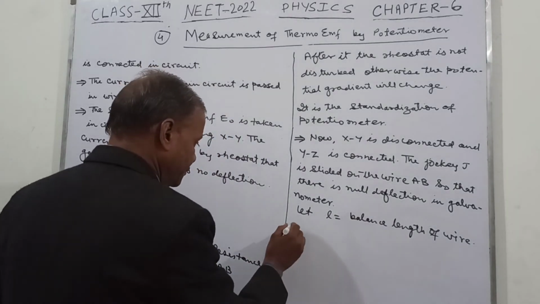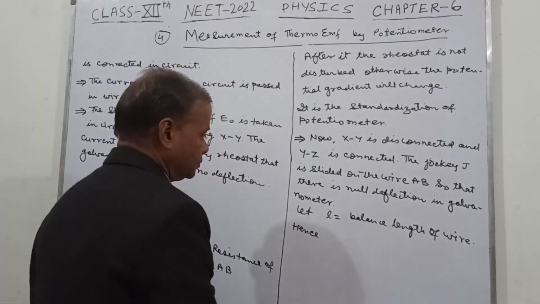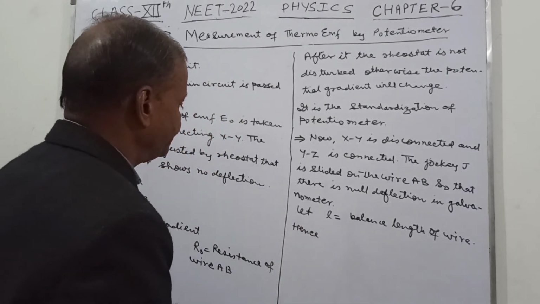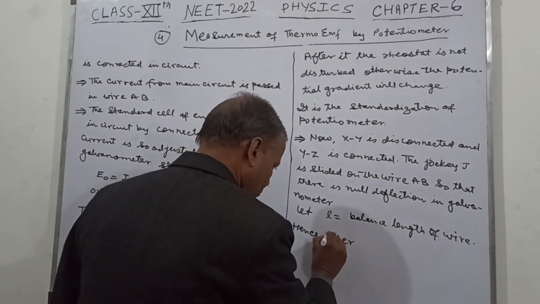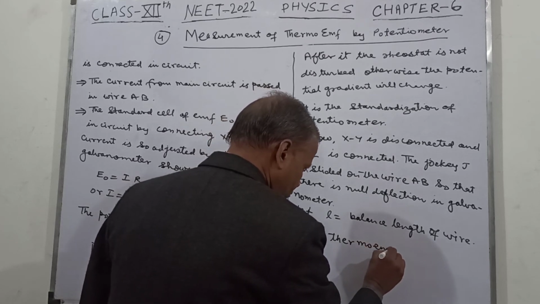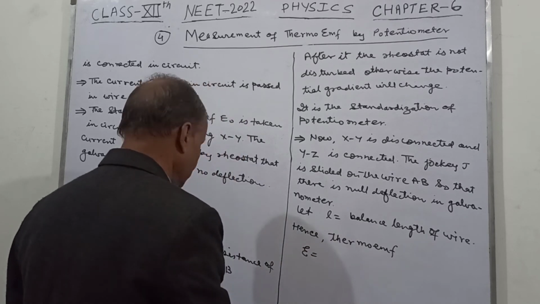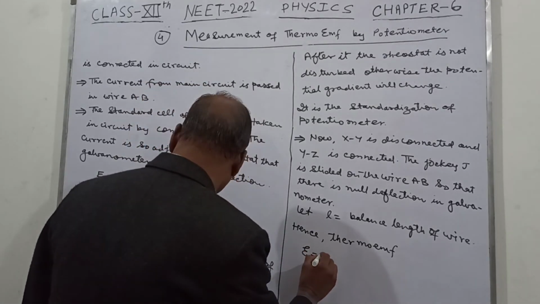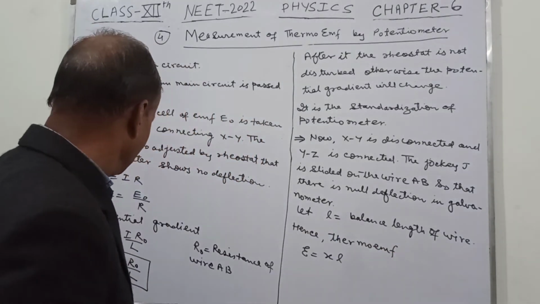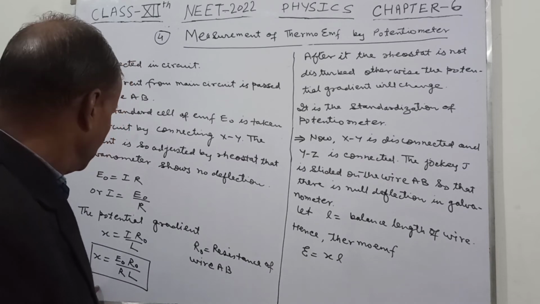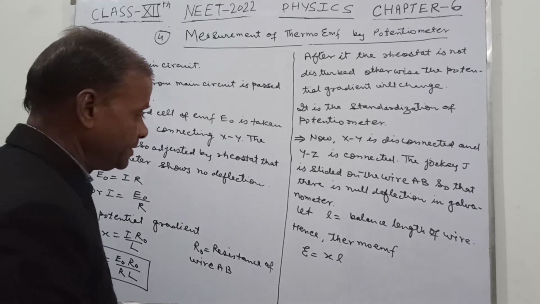So now thermo EMF. This E is equal to X into L, where L is the balancing length. X we know from here. So if we put this value of X here, then this E can be measured.